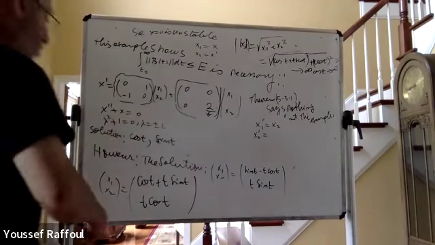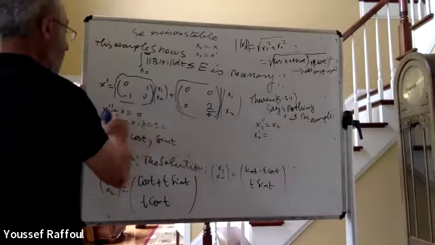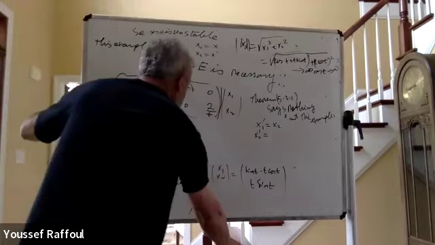So where did we get this solution from? We have sine t and cosine t.